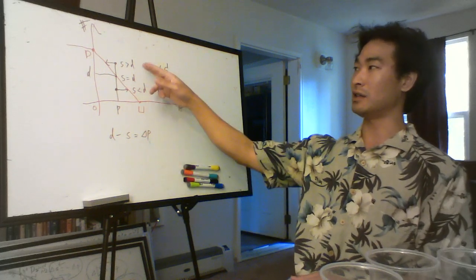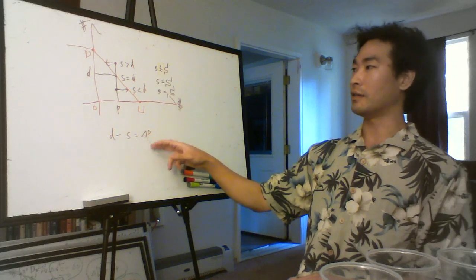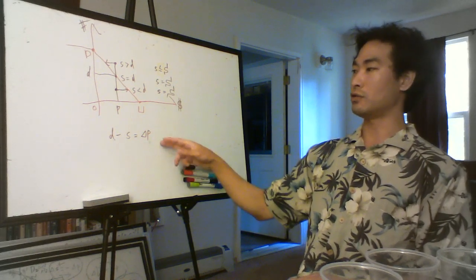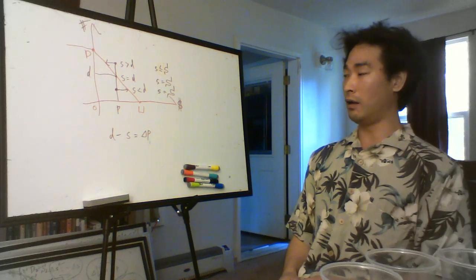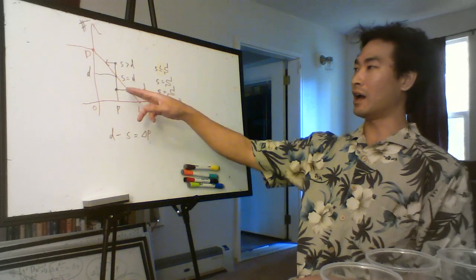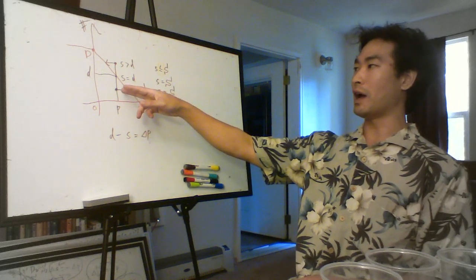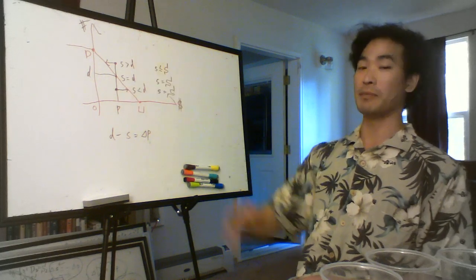But when S and D, supply and demand, differ, then this equation is useful. Now that's when some supply falls outside of this transaction demand curve.